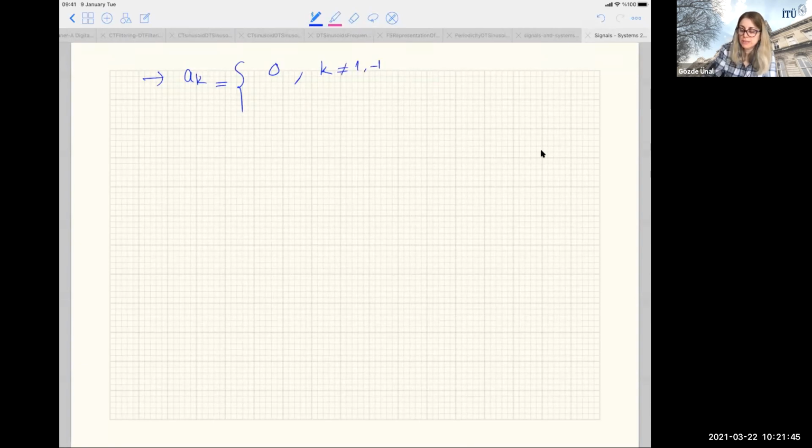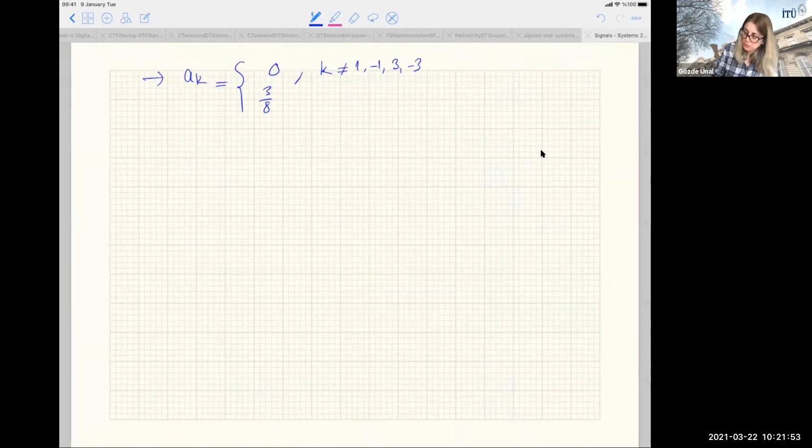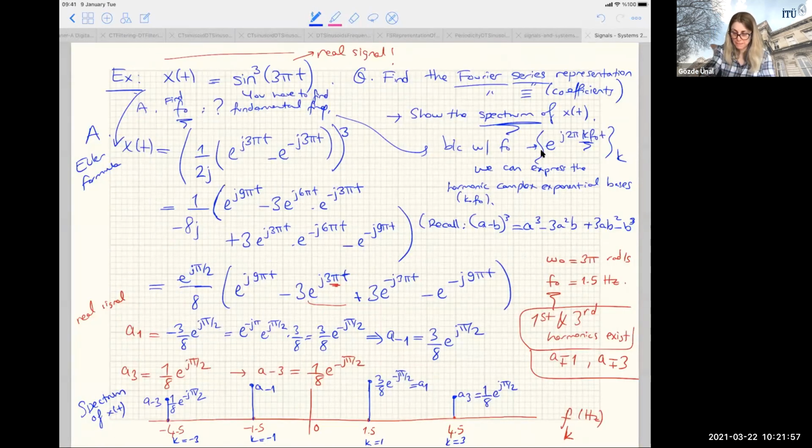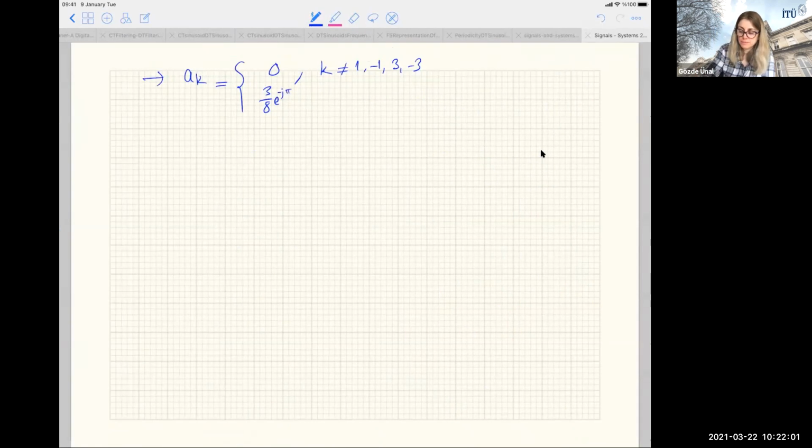And then you should write the terms here, exactly 3 over 8 e to the minus j pi over 2 for k equals 1, and 3 over 8 e to the j pi over 2 for k equals minus 1.